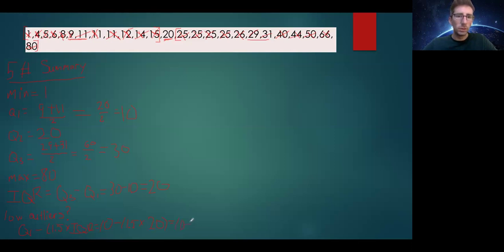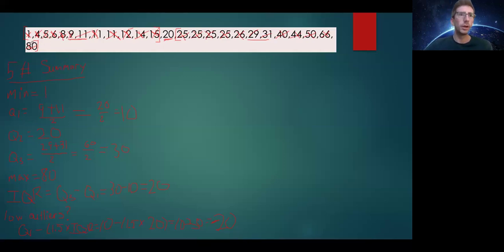So 10 minus 30 is negative 20, right? And the negative here is very important. So basically, we would say we had lower outliers, or outliers on the lower side of our data set, the smaller side, if any values in our data set were less than this cutoff of negative 20.